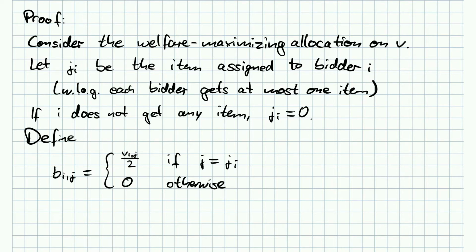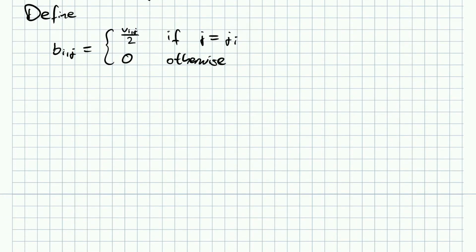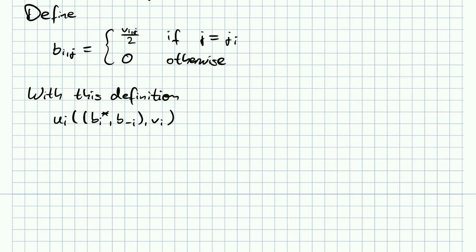What do we now have? We now have that the utility when bidder i deviates to bi star, the others keep bidding b minus i, and the value is vi. This can be, okay, either I get my item, and when will this be?